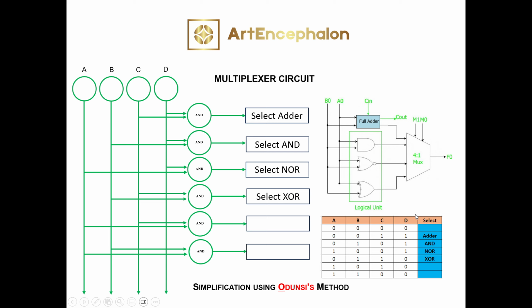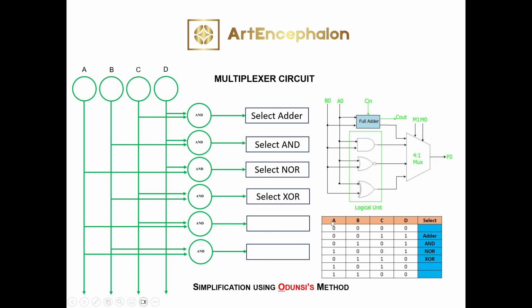For you to individually select each one, using Odunsi's method, it has been discovered that if it's a 4 input, the maximum you can have is using 2 bits out of the 4 to identify a neuron. All right, using 2 bits.